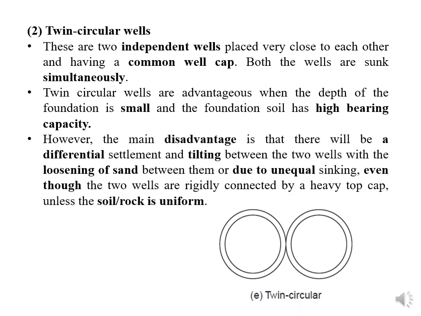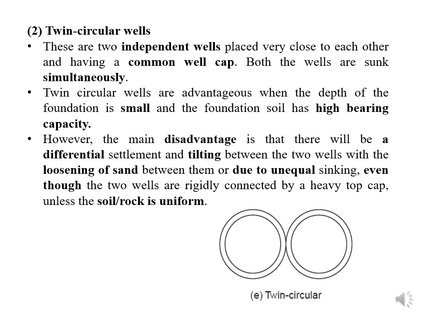However, the main disadvantage, a very important point, is that there will be differential settlement and tilting between the two wells, with the loosening of sand between them or due to unequal sinking, even though the two wells are connected by a heavy top cap, unless the soil or rock is uniform. What does it mean?